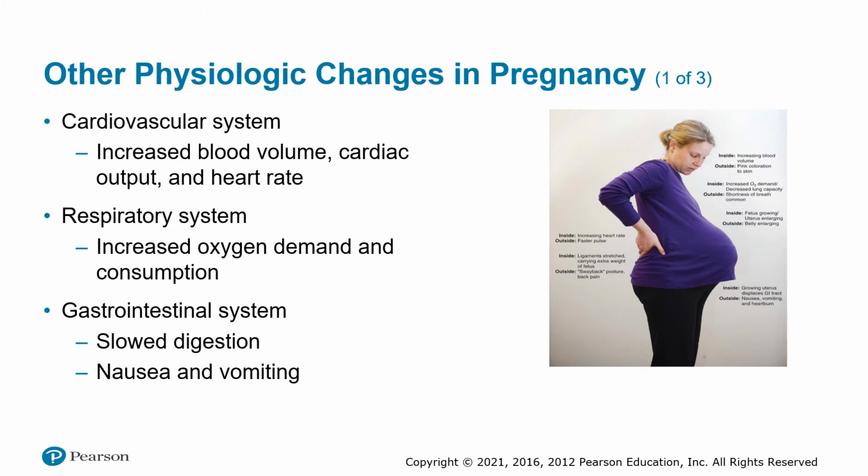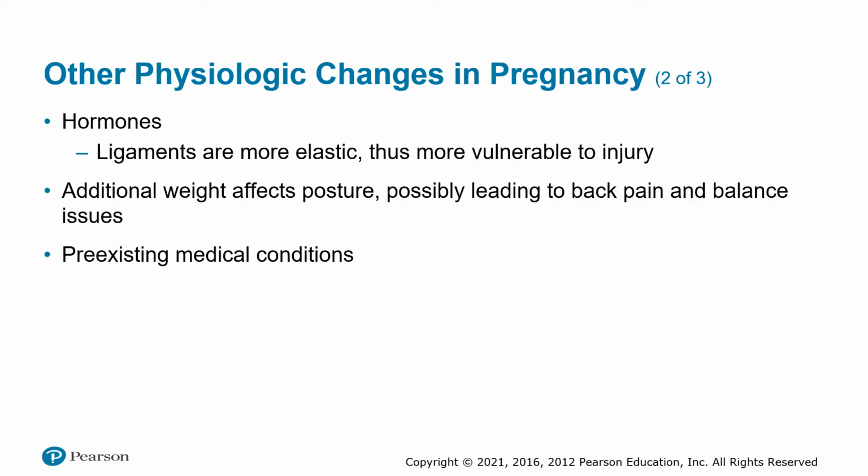Other physiological changes, so they'll have an increased blood volume, cardiac output, and heart rate. They will have increased oxygen demand and consumption, and the GI tract slows digestion, and they'll have some nausea and vomiting as well.